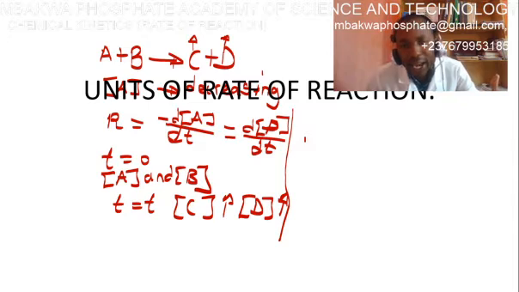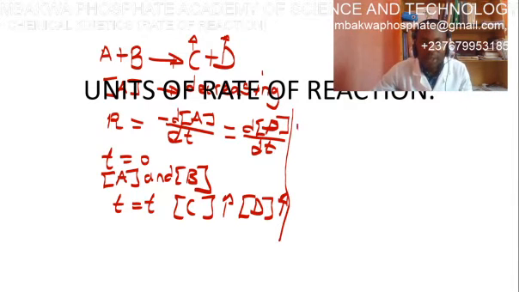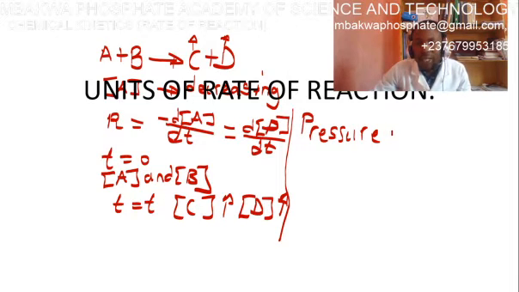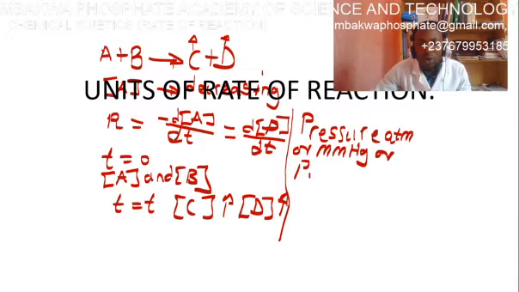For example, if I am measuring pressure, then I know that the rate of the reaction will be measured in atmosphere or millimeter of mercury or Pascal per unit time.